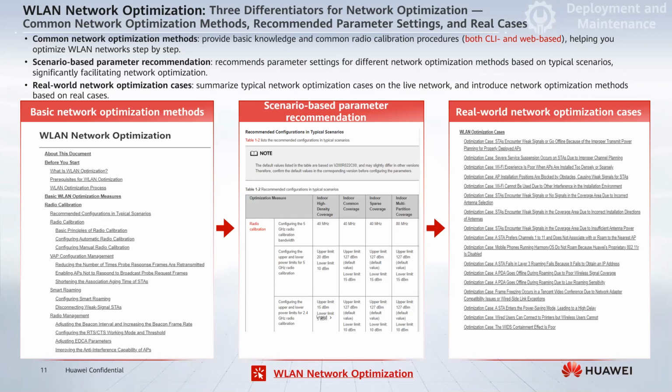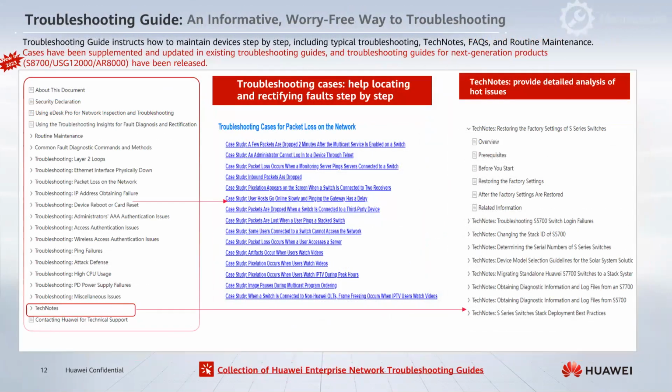We further optimized these documents this year and supplemented web-based network optimization methods, in addition to the existing CLI-based optimization methods. Now let's have a look at the O&M section.